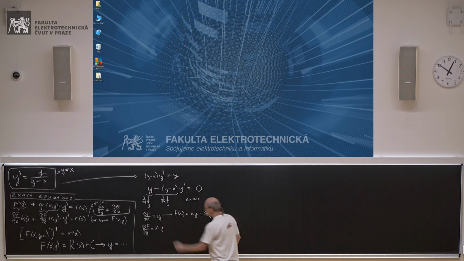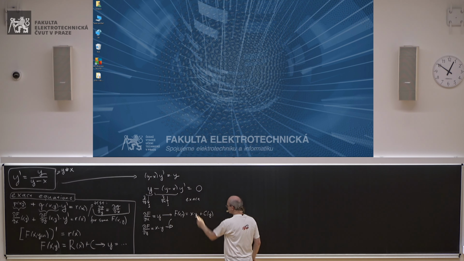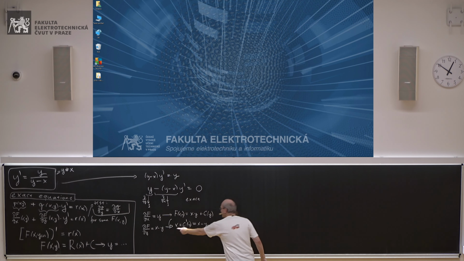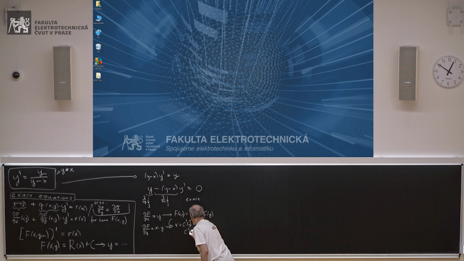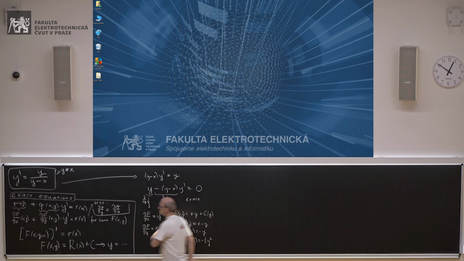Okay, so that's my candidate, and I need to figure out the function c(y). How do I figure it out? Using this condition. I take the derivative by y of this expression, and I get x plus c prime of y, which should be x minus y. I cancel, and I see immediately that c(y) is negative 1/2 y squared plus c, but I don't care about c because it would disappear anyway.